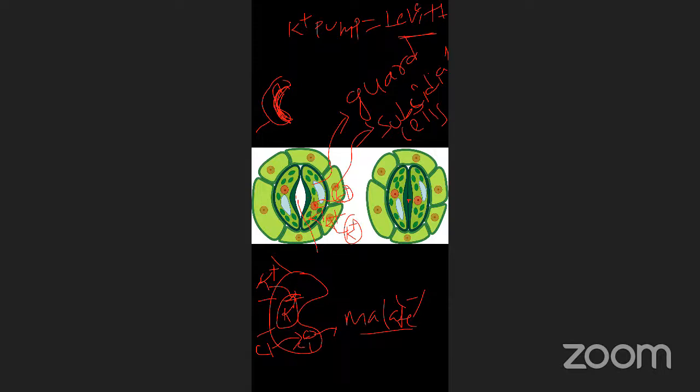So which value is increasing in the guard cell during daytime? K plus, sir.